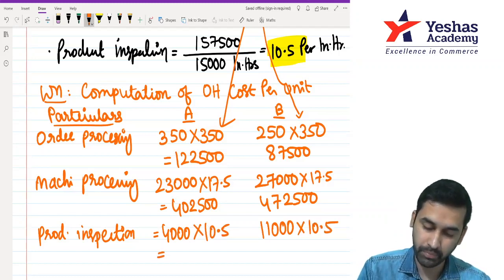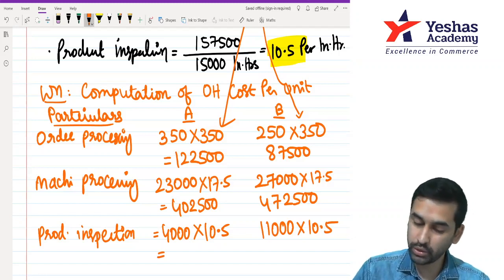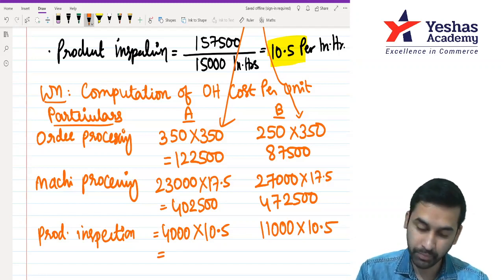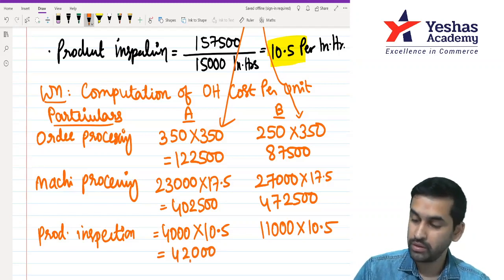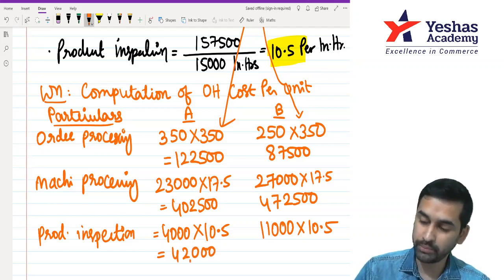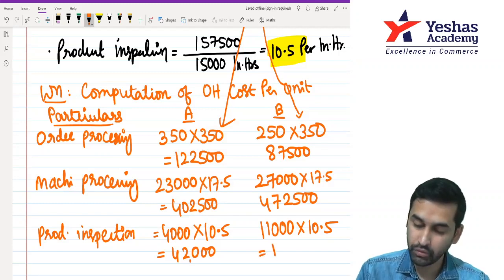So 4,000 into 10.5 is 42,000, and 11,000 into 10.5 is 115,500.